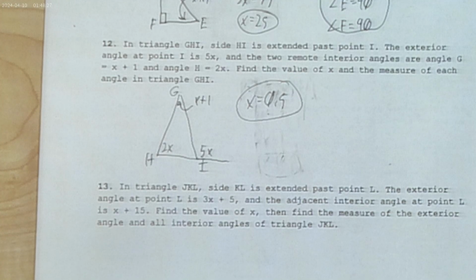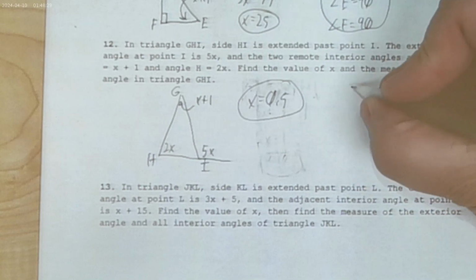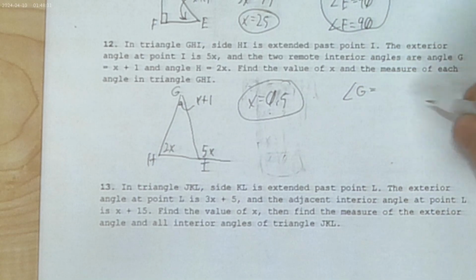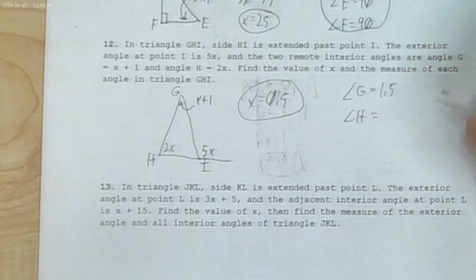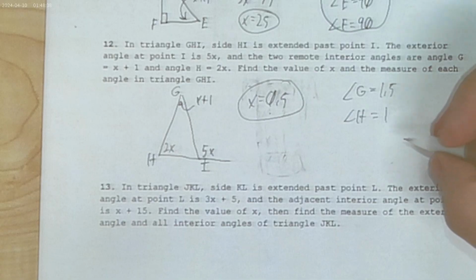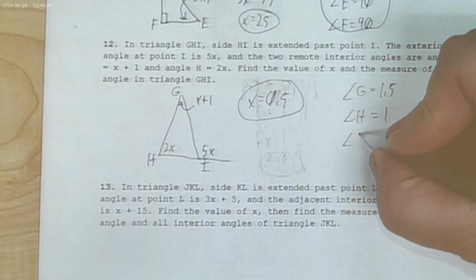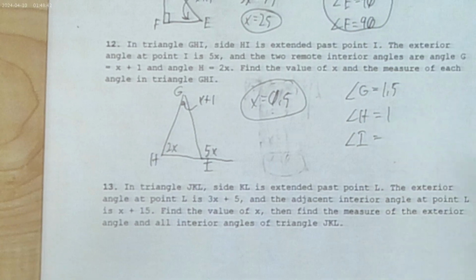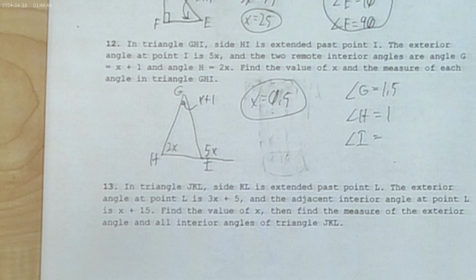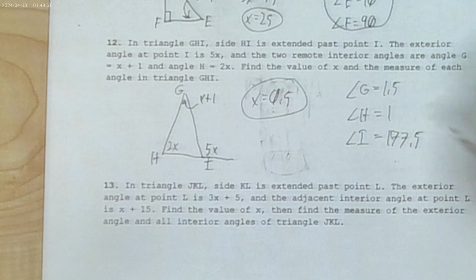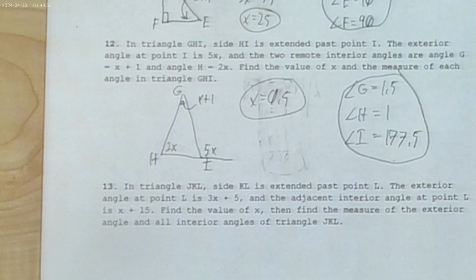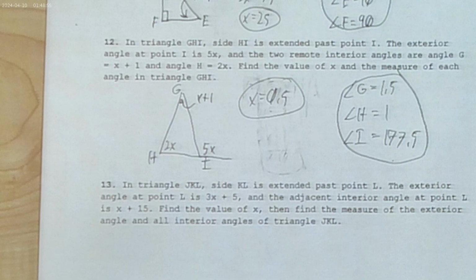So, all right, angle G equals 1.5, angle H equals 1, angle I equals 180 minus 2.5, 177.5. I mean, those are the numbers. That's the process.